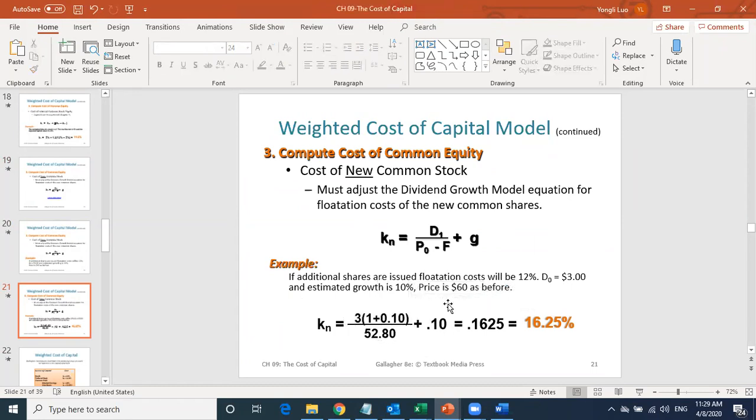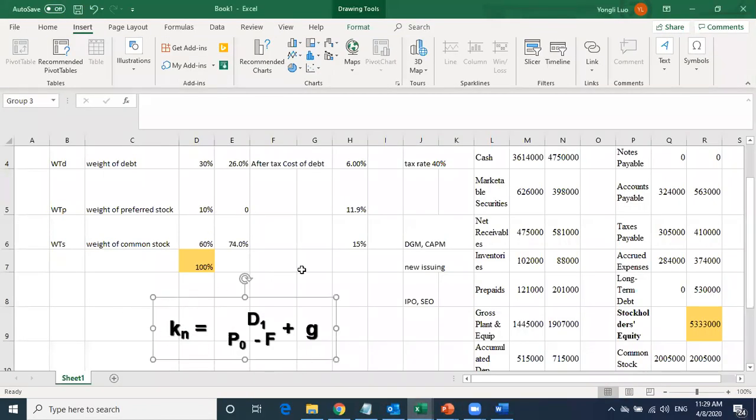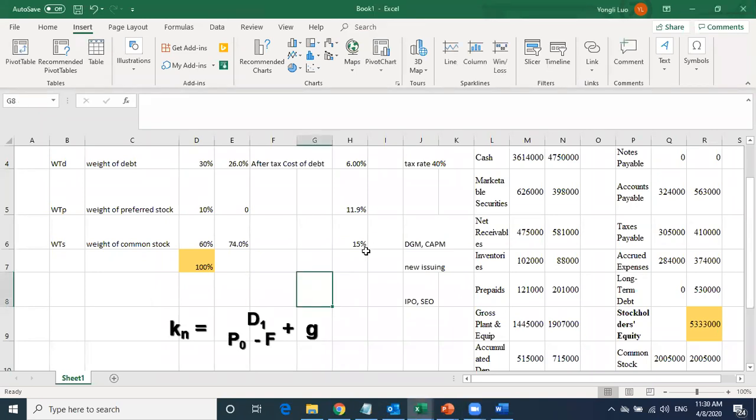And then you use the current stock price, which is $60, minus 12% of the flotation cost. So it's $60 times 1 minus 12%.